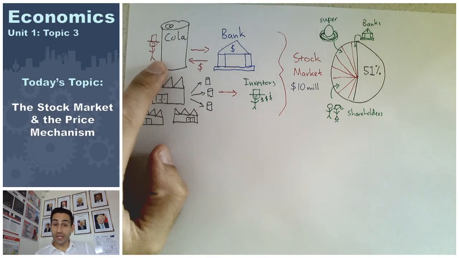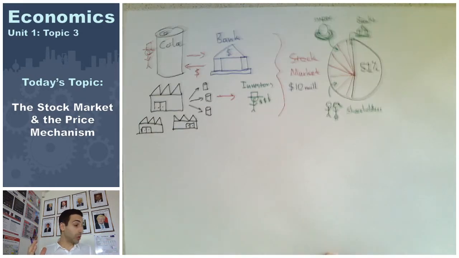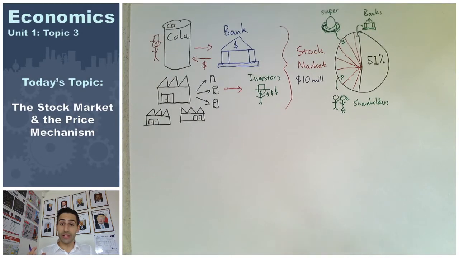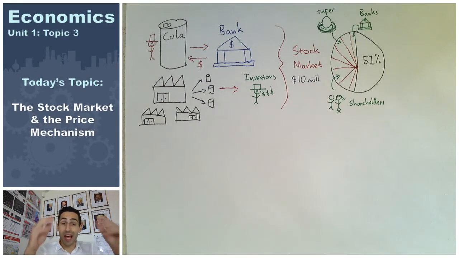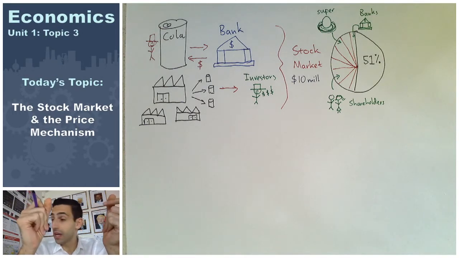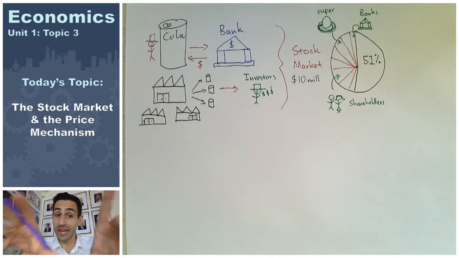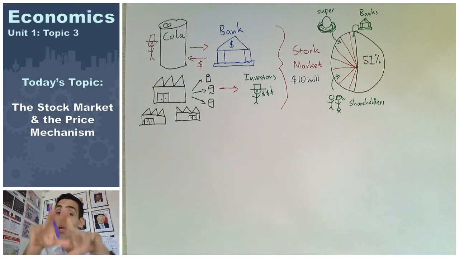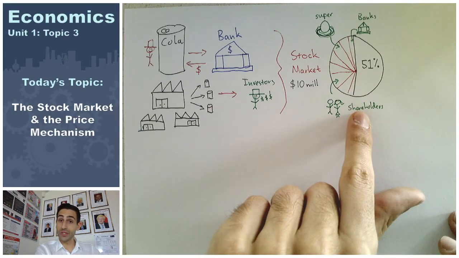This business is now $10 million richer. So there's a huge incentive to take your company public and put it on a stock market because the sale of shares brings in immediate finance without the need to sell any product. What you are selling is a proportion of your business.